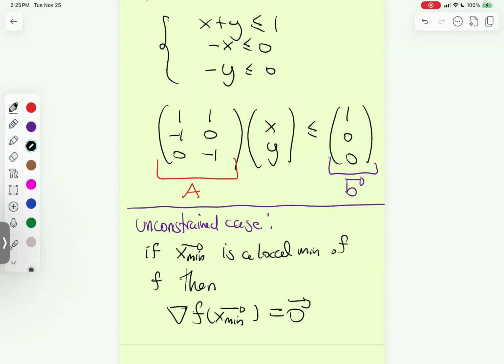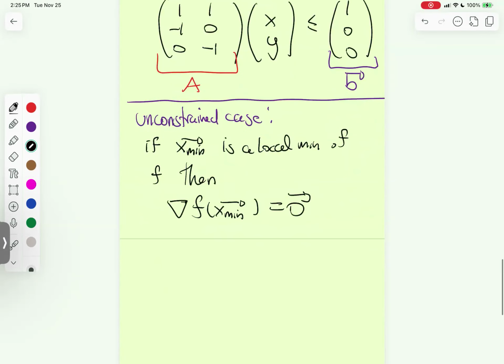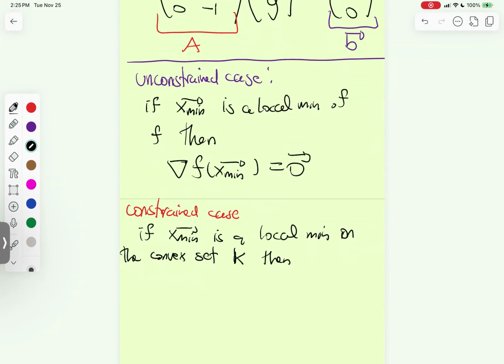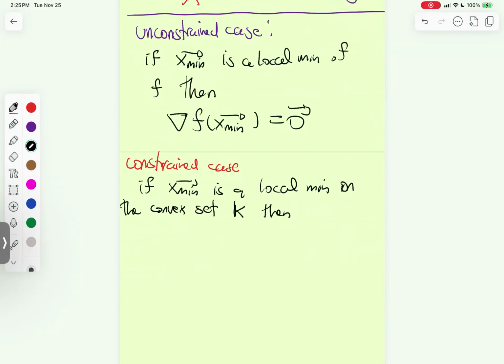Now, in the constrained case, it's a little bit not quite the same. So in the constrained case, on the convex set, you have an inequality. It's not an equality, so I'll explain why.